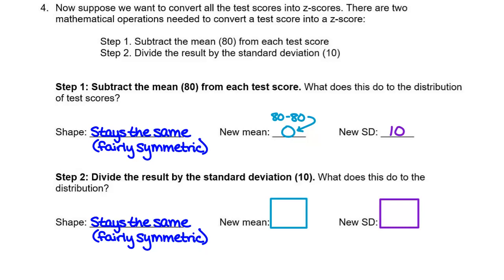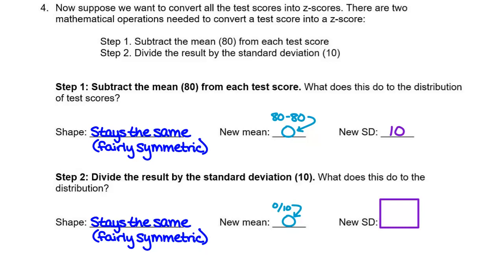It will affect my mean, except in this case, my mean was 0, right? What happens when I take 0 and I divide it by anything other than another 0? It's going to stay a 0. Technically, did a change happen? Yes, I divided by 10. So technically a change took place, but it resulted in the exact same value.